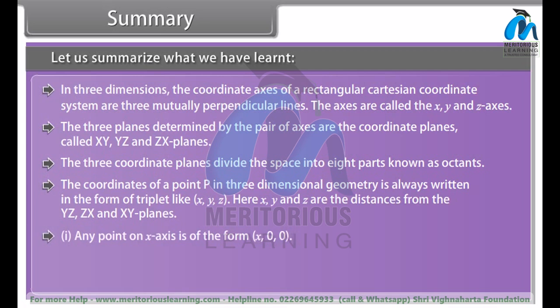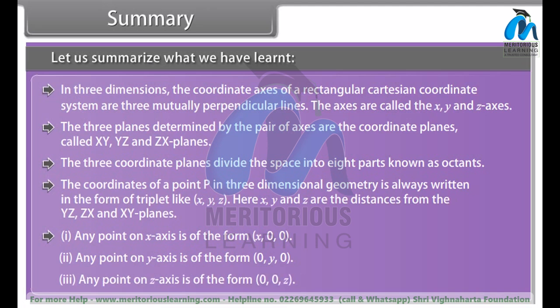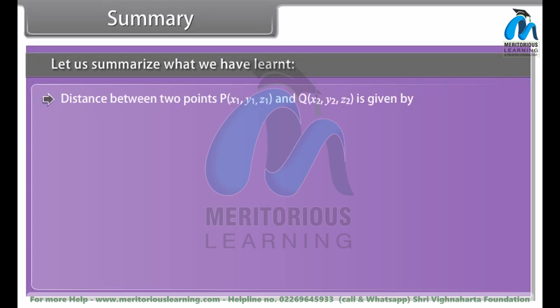Any point on x-axis is of the form (x, 0, 0). Any point on y-axis is of the form (0, y, 0). Any point on z-axis is of the form (0, 0, z). Distance between 2 points P (x1, y1, z1) and Q (x2, y2, z2) is given by the distance formula.